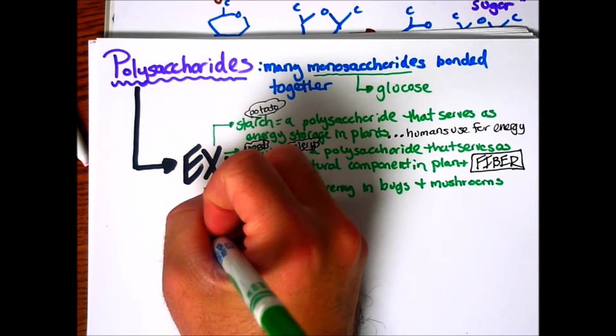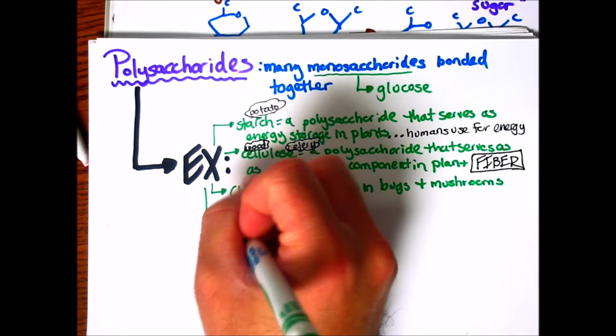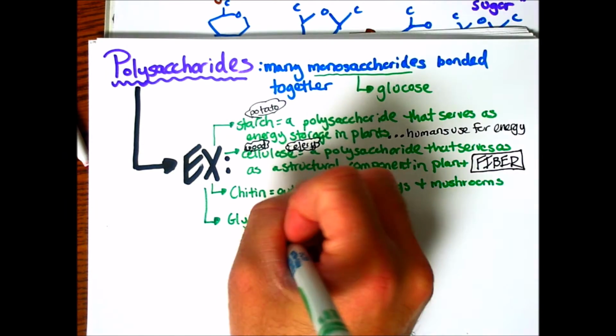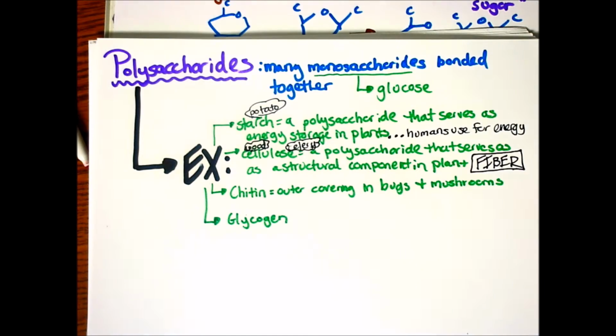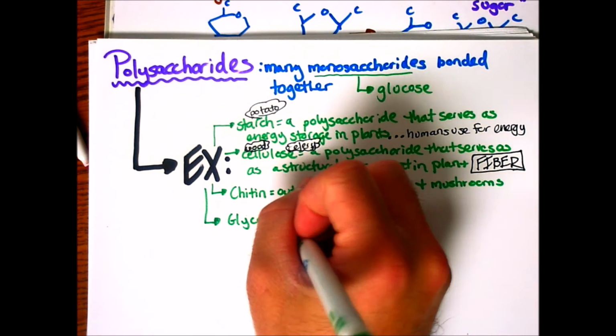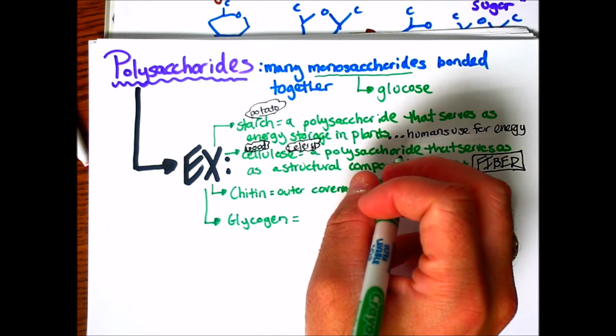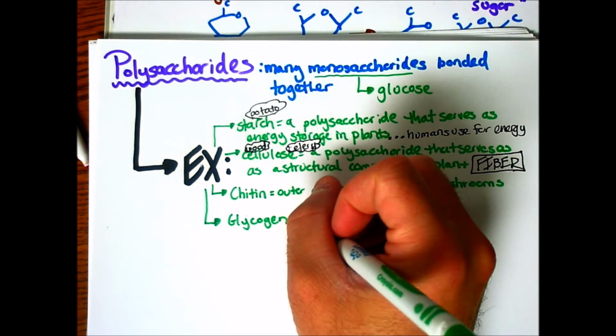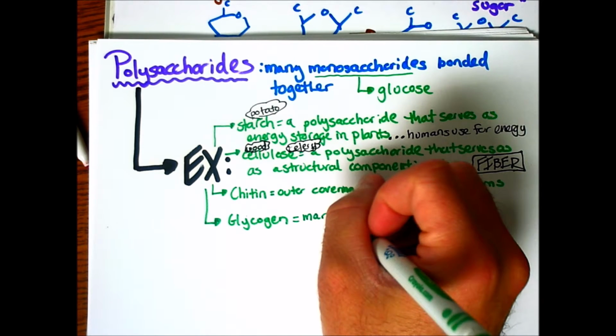The last one, and probably for us the most important, but one you're not familiar with, is glycogen. Glycogen is pretty much the way that we store glucose molecules. It is our storage mechanism of glucose. It's like our glucose bank. It's when you have many glucoses bound together.